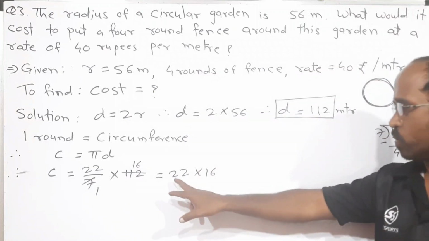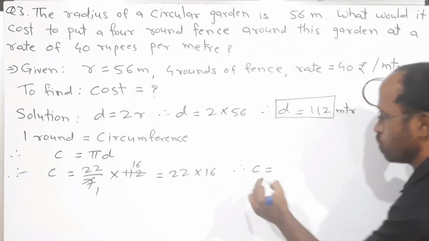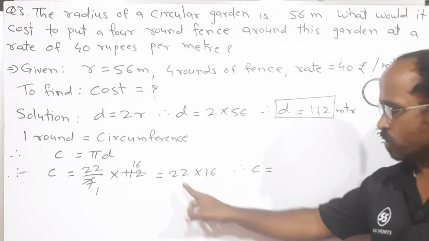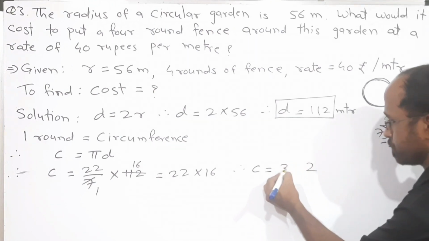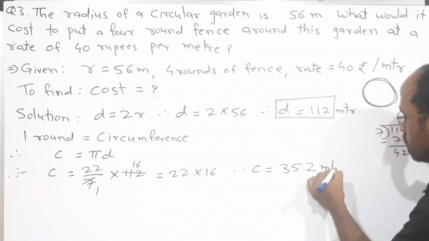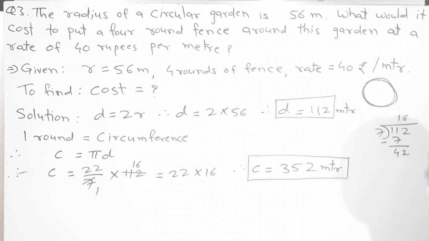So C is equal to 22 multiplied by 16. Therefore C, which is equals to 1 round, is equals to 16 2s are 32. 3 is the carry. 16 2s are 32 plus 3 35 meter. So 1 round is equals to 352 meter.